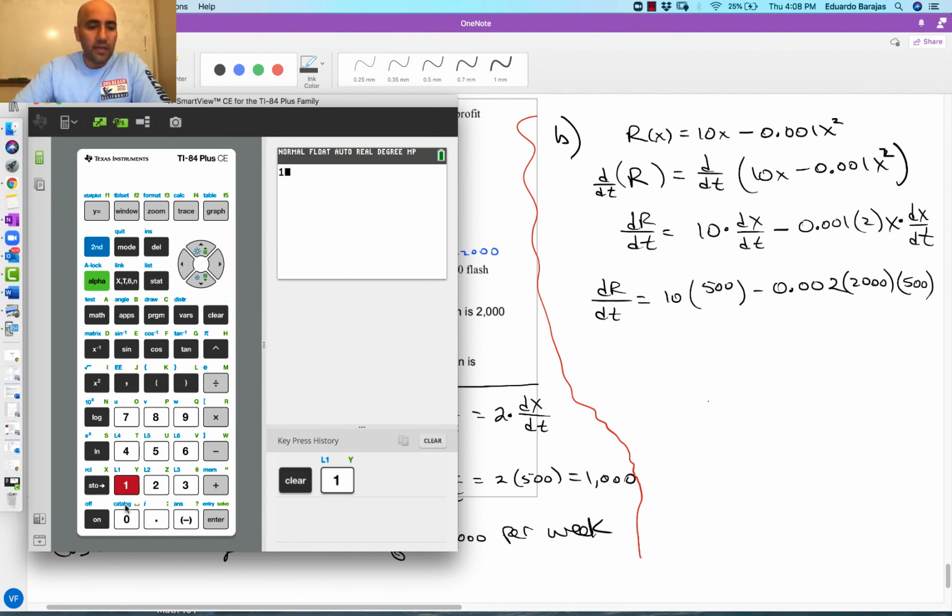so this is going to be 10 times 500 minus, and let's put that in parentheses, 0.002 times 2000, times 500, close parentheses.